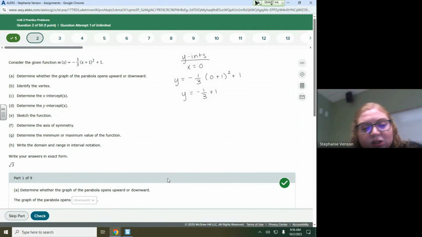So you can put this in your calculator. Remember we talked about this in class. There's a couple different ways you can do it. I would do negative 1 and then the little fraction symbol and 3 and then plus 1, and then change it to an improper fraction. But what do you get?